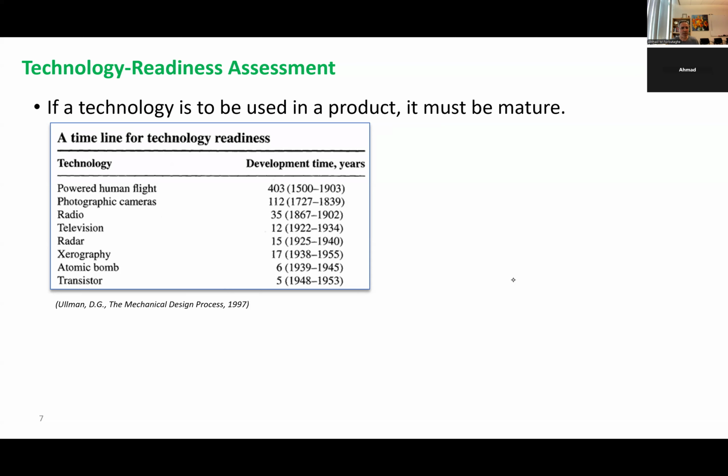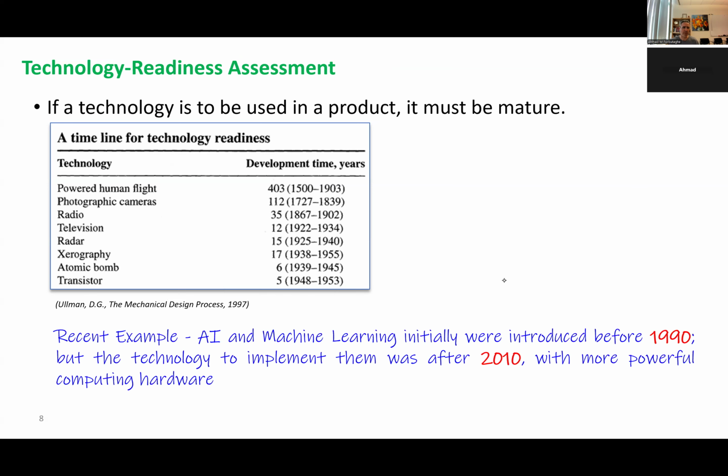Or the example of radar, it took 15 years until it became available to be used in practice. In modern day life, AI and machine learning, which is available now, were initiated before 1990, and it took 2 decades until we had powerful computing hardware that we could implement those techniques in machine learning, and then we have the AI.